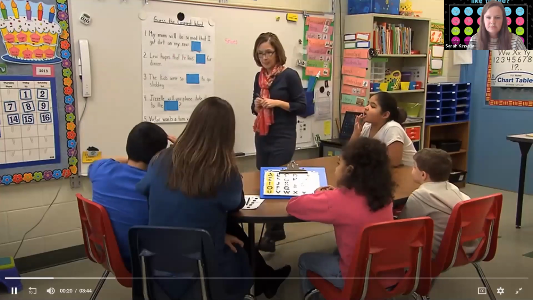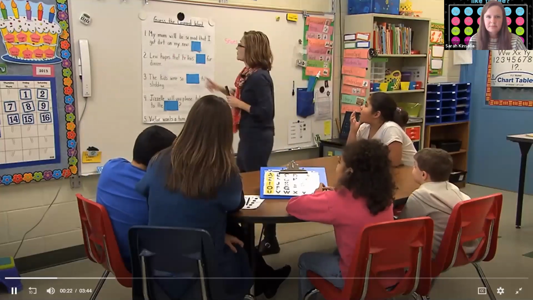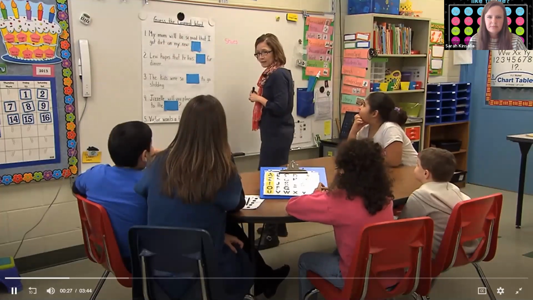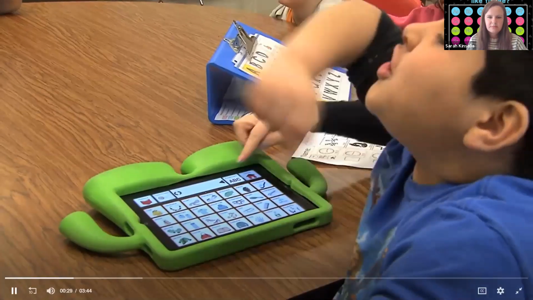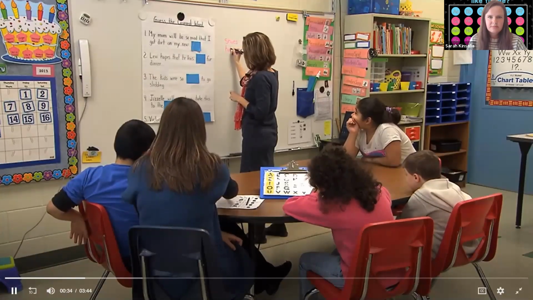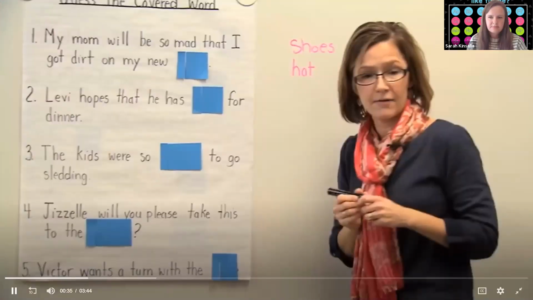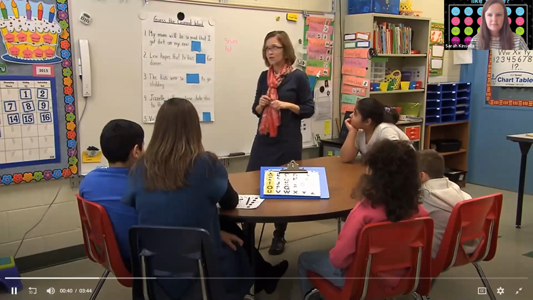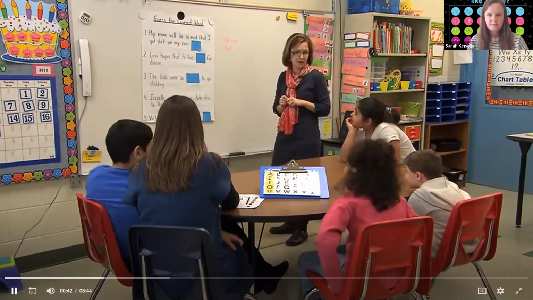A hat. A hat. Okay, my mom will be so mad that I got dirt on my new hat. Can you spell it for me? H-A-T. All right, do we have any other guesses? Giselle? A scarf. Scarf. All right, what does scarf start with?